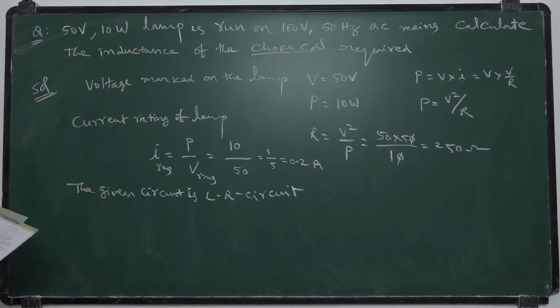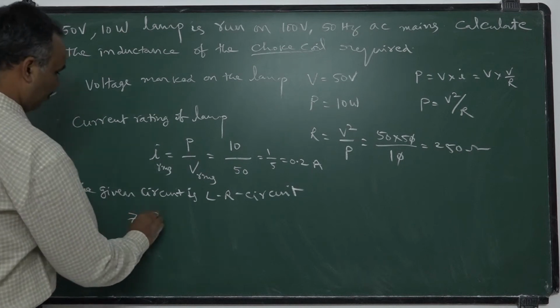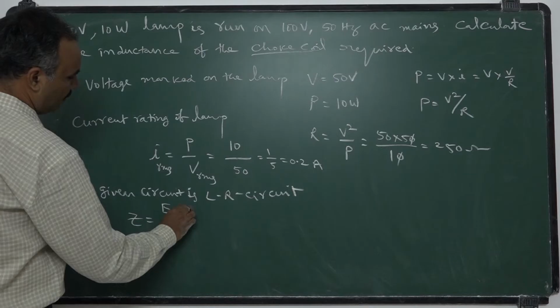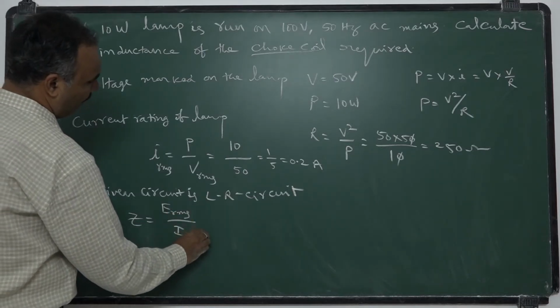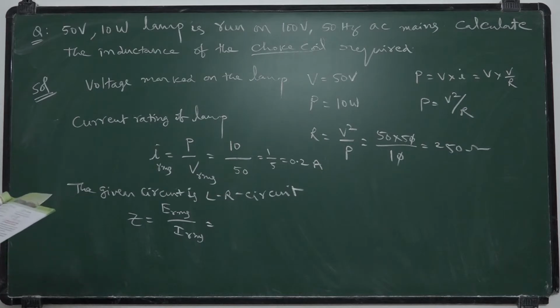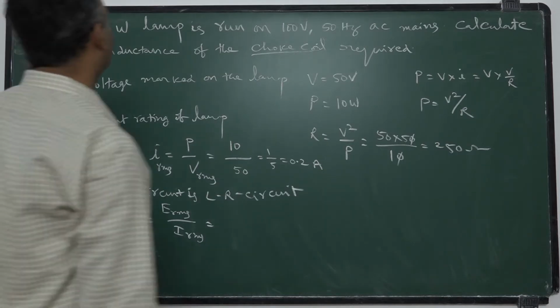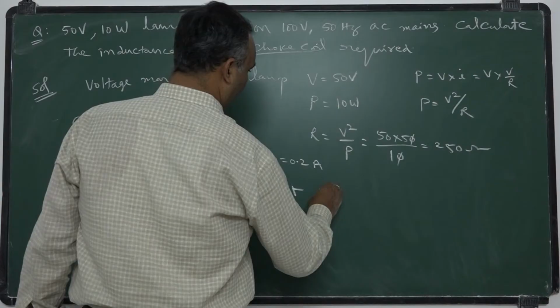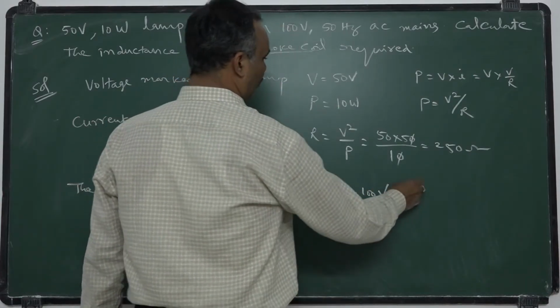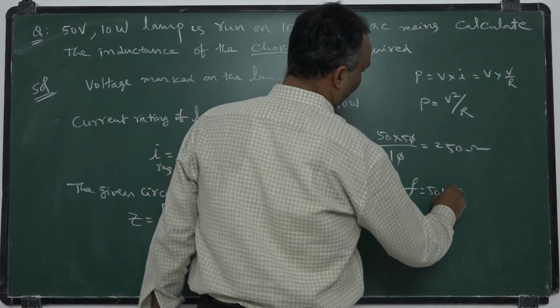In LR circuit, the impedance is given by ERMS by IRMS. They gave that ERMS value as 100 volts, frequency 50 Hz.